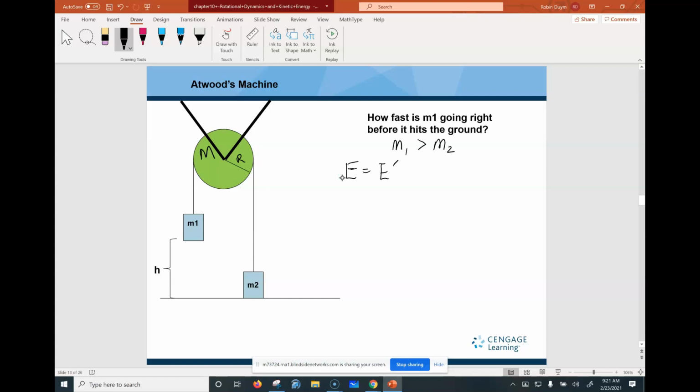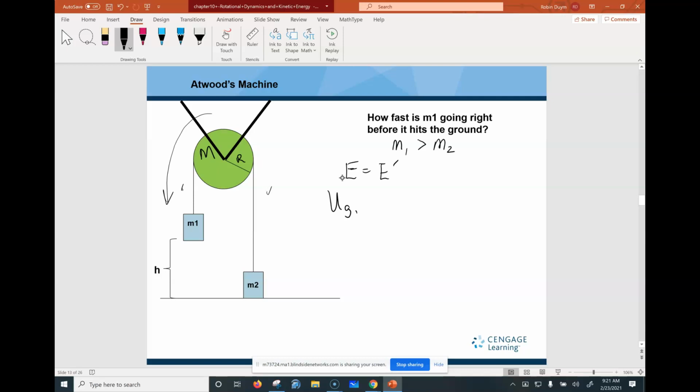Now they're not equal, because we're going to have more tension on this side than this side in order to get it to rotate. The way that this is going to go when we let it go, it's going to go down this way. So just keep that in mind too. In the beginning, before we let it go, the only energy we have is all potential energy. So it's all gravitational potential from mass 1.